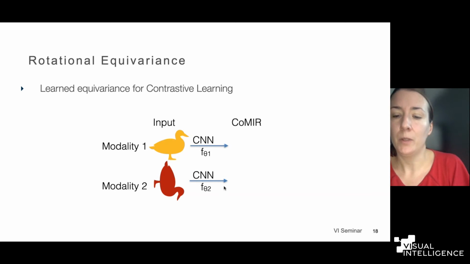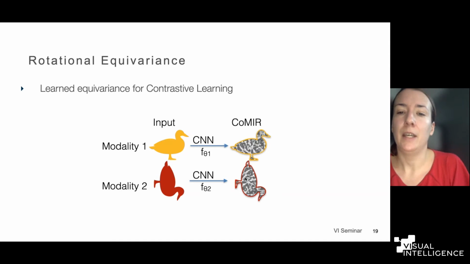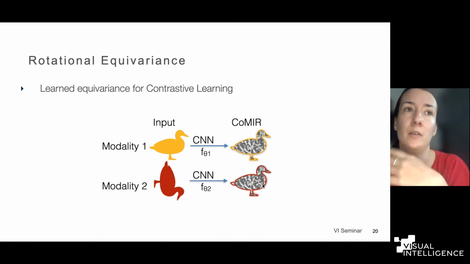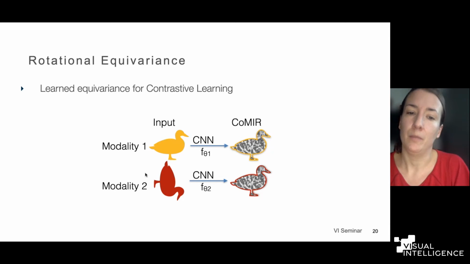Then I train my two networks and get my feature maps that are also like 90-degree rotated between each other. And then I just rotate the feature map back by the same transformation that was applied to the input before I actually evaluate the loss.